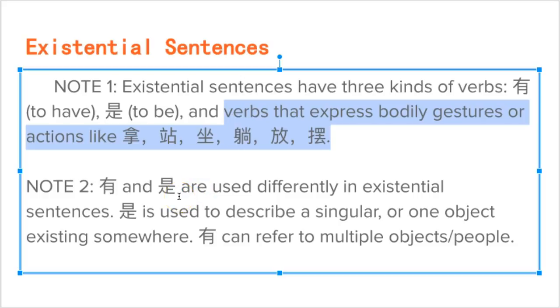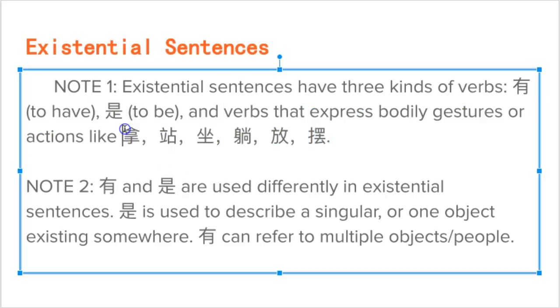And I'm not going to go into detail about all the different verbs that you can use. You can look on Quizlet or in the textbook for more information. But things like 拿, 站, 坐, 躺, 放, or 摆 are all bodily gesture verbs that you can use to express where an object is and how it is being in that location.